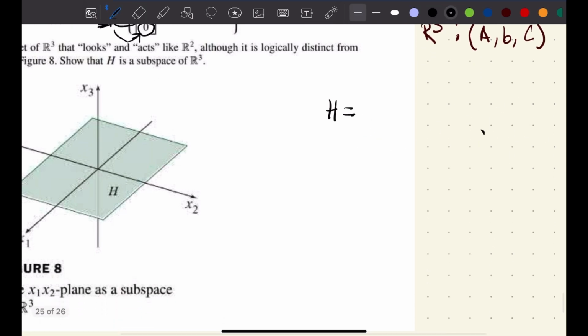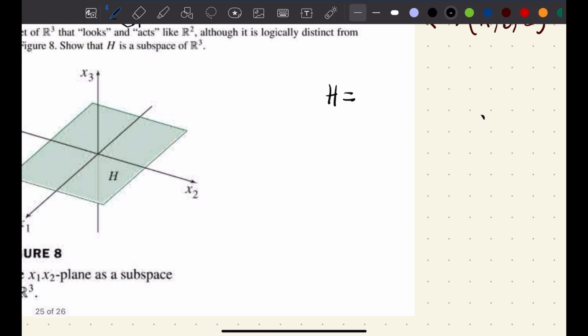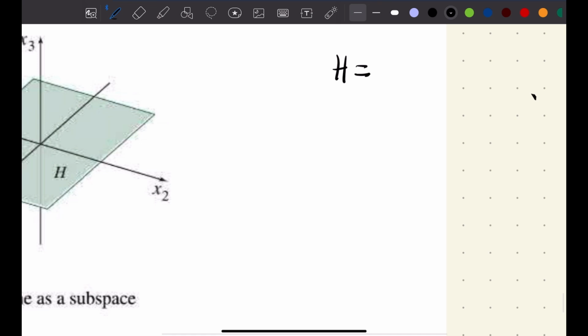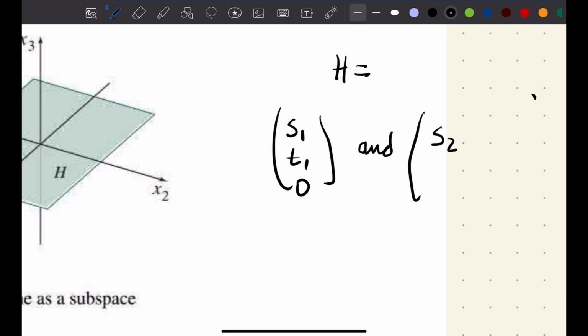An example for these: let's take S1, T1, and 0, and let's also take S2, T2, and 0.